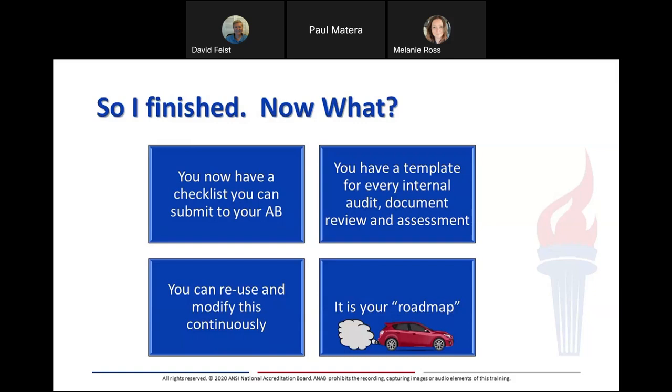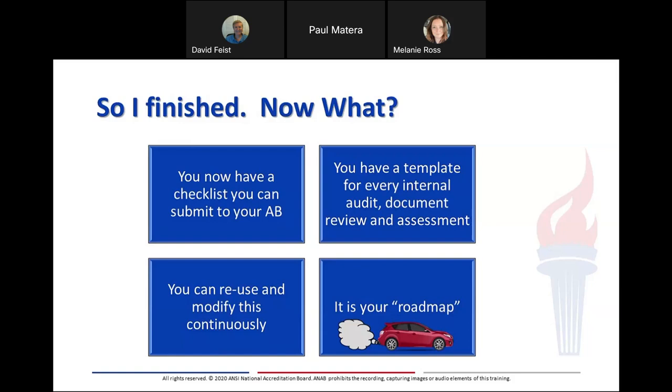These checklists do change from time to time, especially when one of the standards gets revised. So using it over and over again has some caveats. Once the standard changes, or if your AB issues a revised, updated version, you'll just have to remember to transfer everything over to that new version. But typically, they don't change significantly.